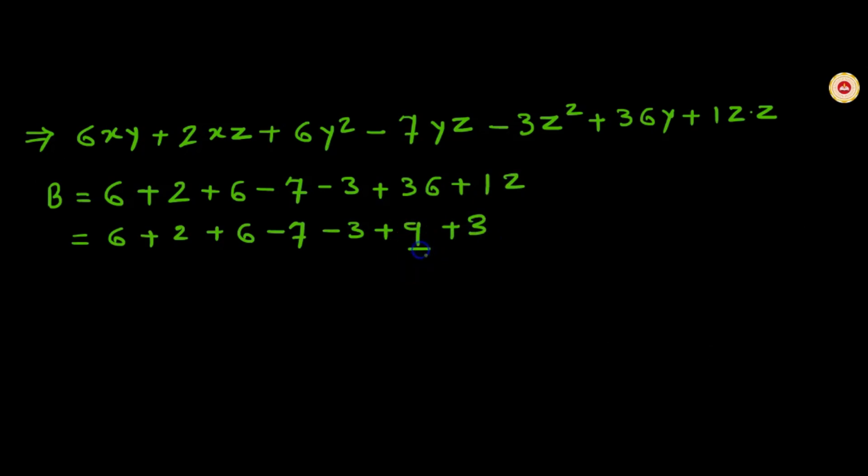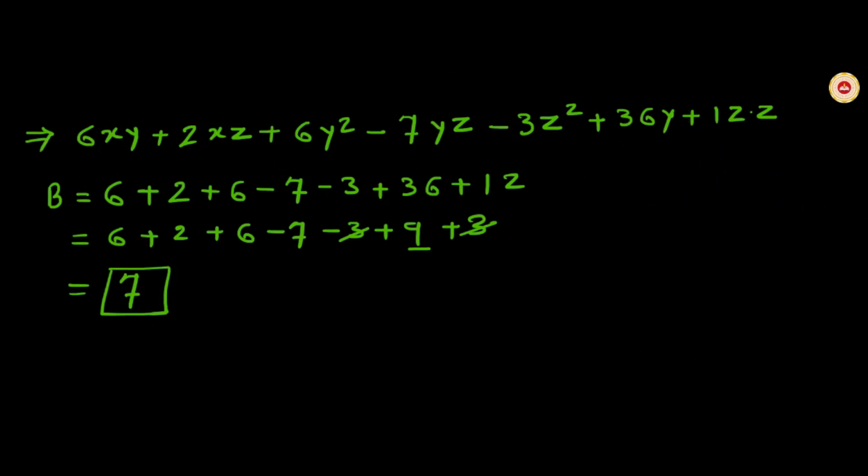Let us exclude this 9. Minus 3 plus 3 is 0, so exclude these too. 6 plus 2 is 8, 8 plus 6 is 14, 14 minus 7 is 7. So 7 is the Bijank of this expression.